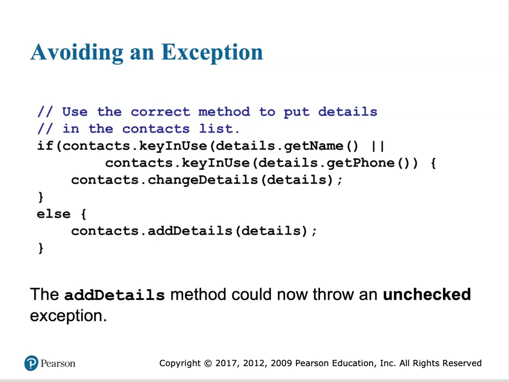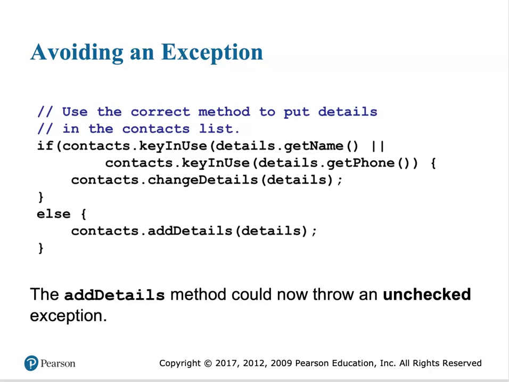So here's an example of avoiding an exception, a little less abstract, a little more concrete. In this case, we're trying to add information to the address book.